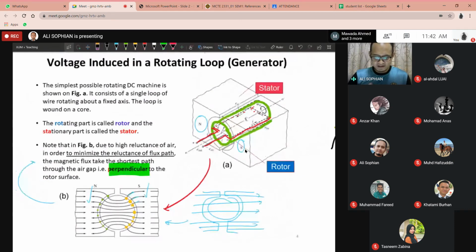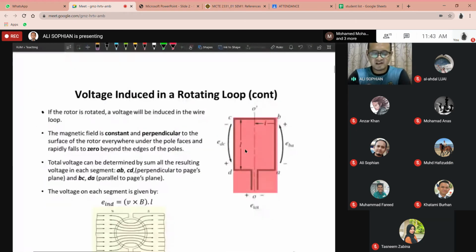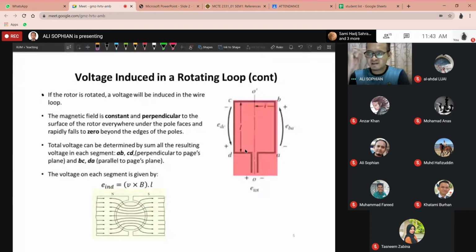Okay, now, the first thing after that is we want to look at the voltage inductions. There are two effects that we want to see. First is voltage induction, and then the second is torque induction.